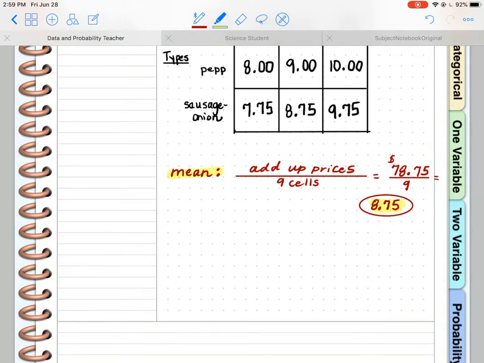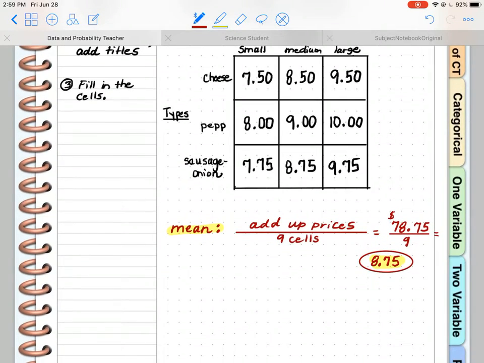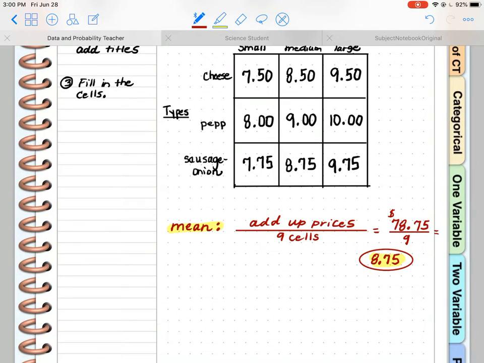Okay, the median is the one I hate because it's a lot of work. And I'm going to start way over at the side so I can fit it all in there. We need to put these in order from smallest to largest. So you want to start with your minimum price, which is $7.50.